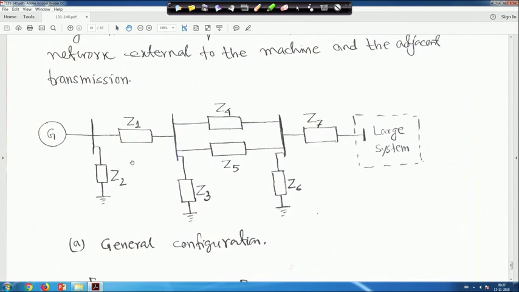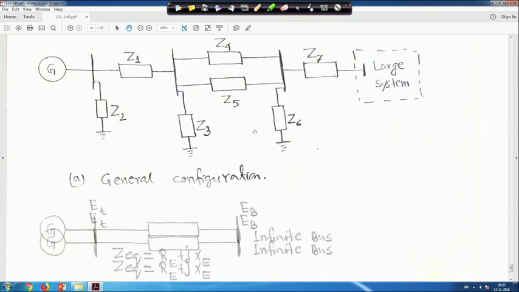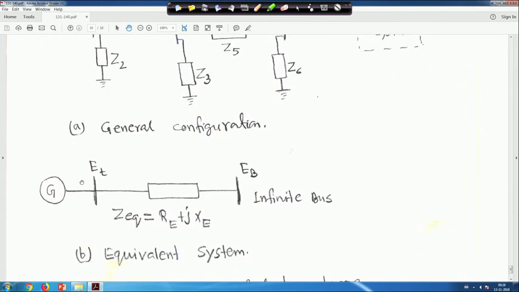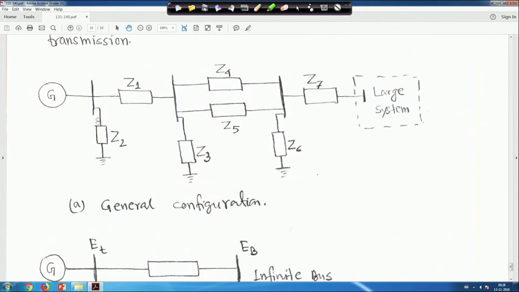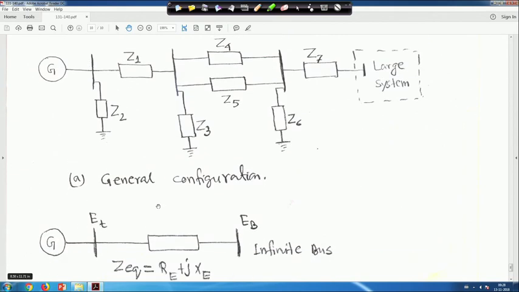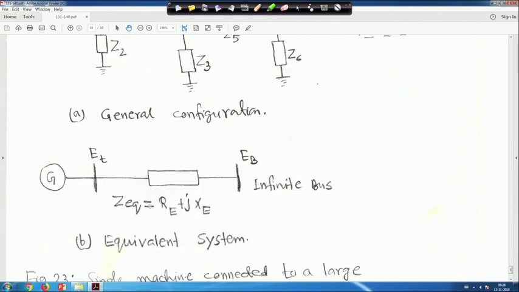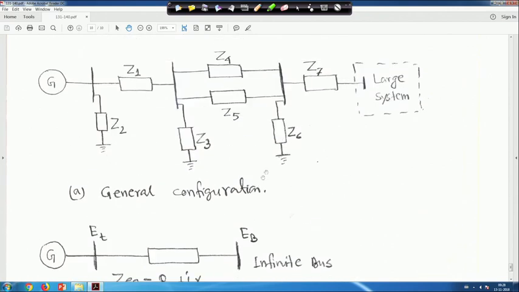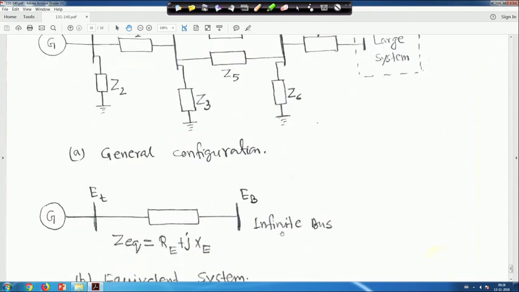A simple general configuration is taken: a single generator, a transmission line having different branches, shunt branches also, all represented in general in terms of impedances, and a very large power system connected. If we make a Thevenin equivalent, the generator has terminal voltage E_t, and the equivalent impedance is Z = R_e + jX_e, and this bus we call the infinite bus, E_b. We will come to what the infinite bus is.